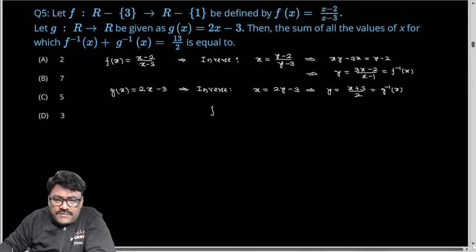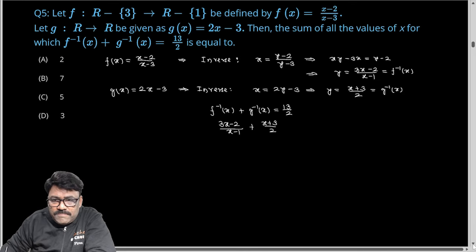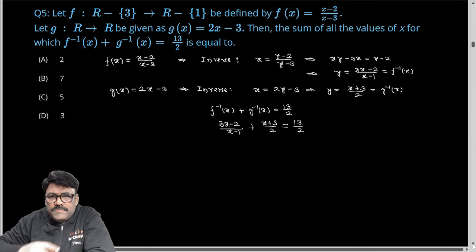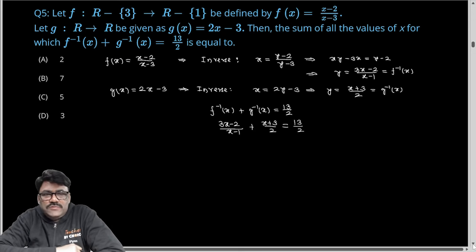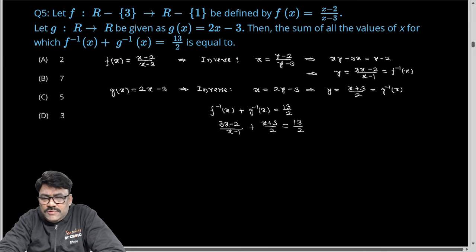Now they have given f inverse x plus g inverse x is 13 by 2. So 3x minus 2 over x minus 1 plus x plus 3 by 2 is equal to 13 by 2.